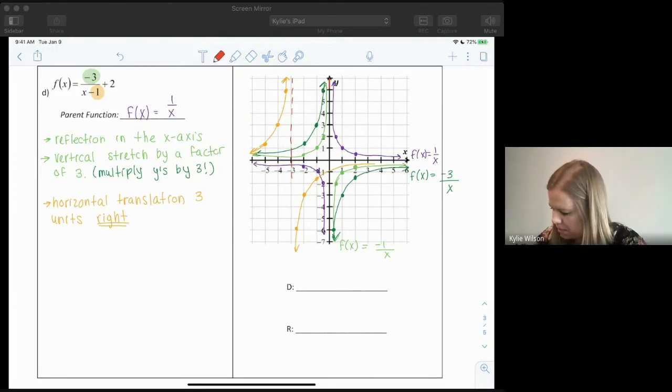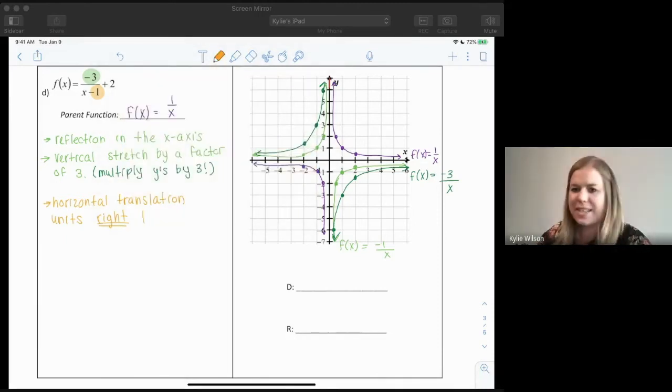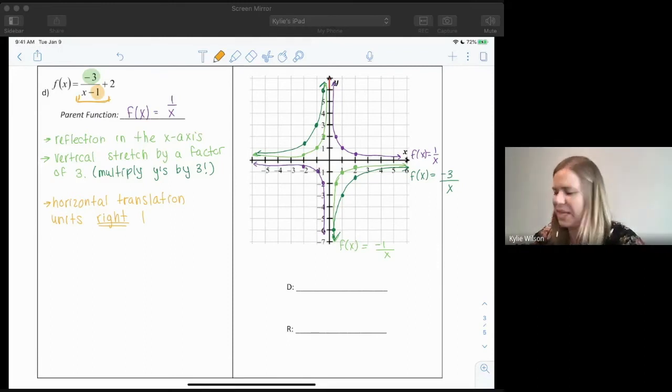Sorry, because I was looking at the 3 on the top and not there. My bad. Because we have x minus 1, it only moves 1 unit to the right. And I moved to the left because I was looking at that negative 3 on the top. Sorry, ignore the whole orange one. We're going to do it again.